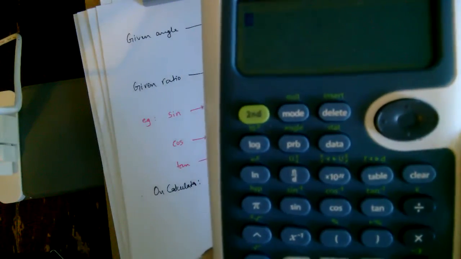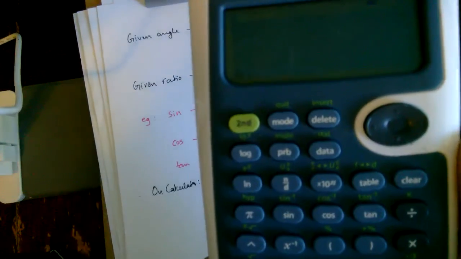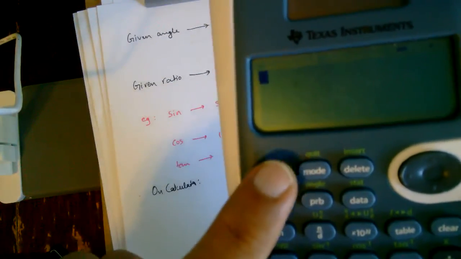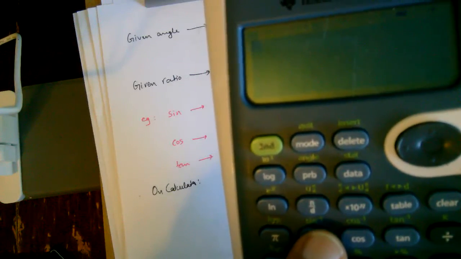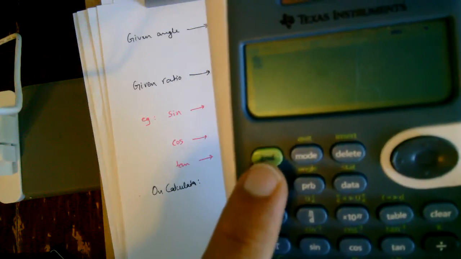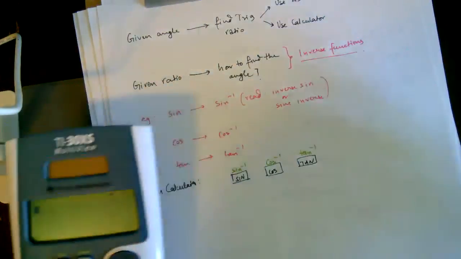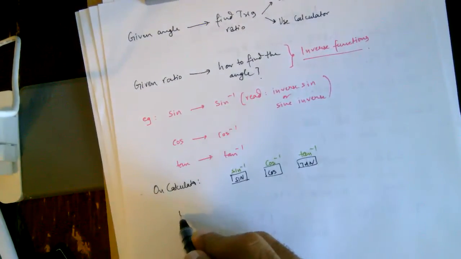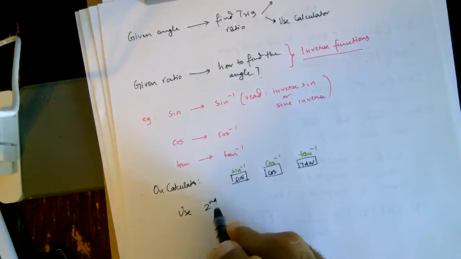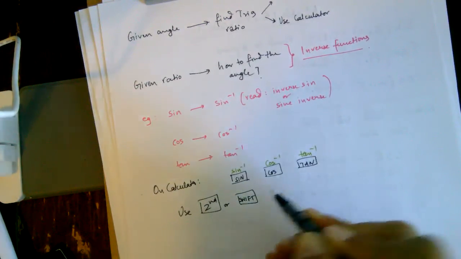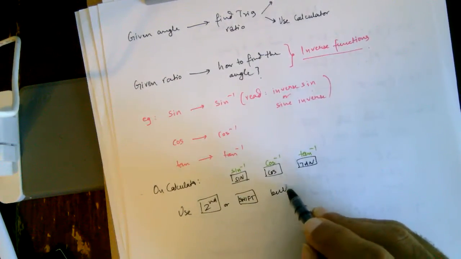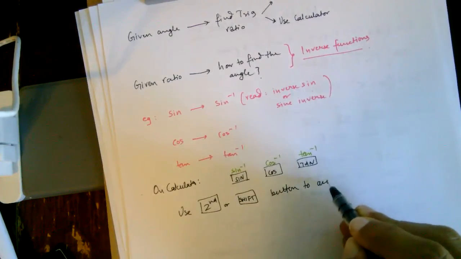And you would have the second button, which has the same color as the font color for the inverse functions. So you use the second, or in some calculators it might be written as the shift button, to access this.